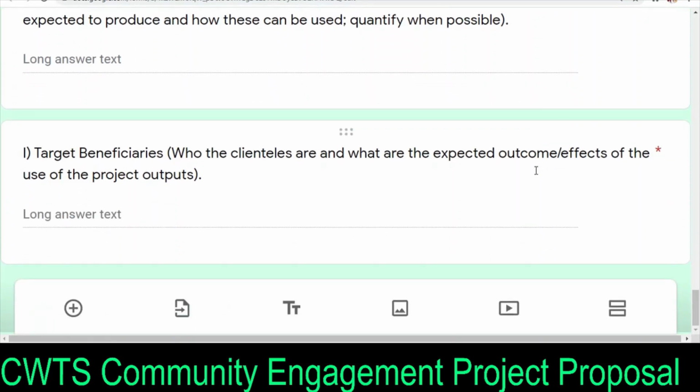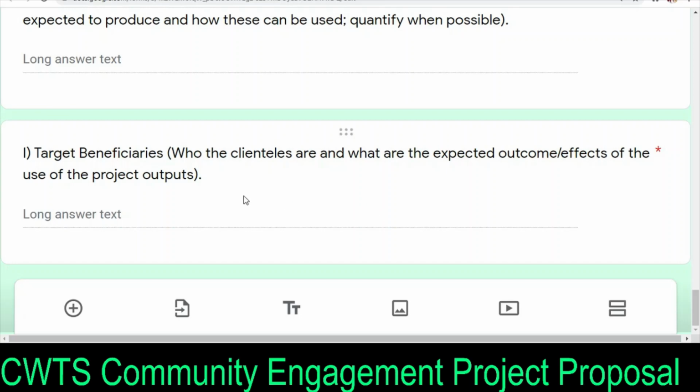Okay, so target beneficiaries, these are the clientele that of course you are trying to help. This is your community clientele, like readers. For this gardening, maybe the clientele is your family members or your immediate auntie and uncle, your grandparents or your neighbors.